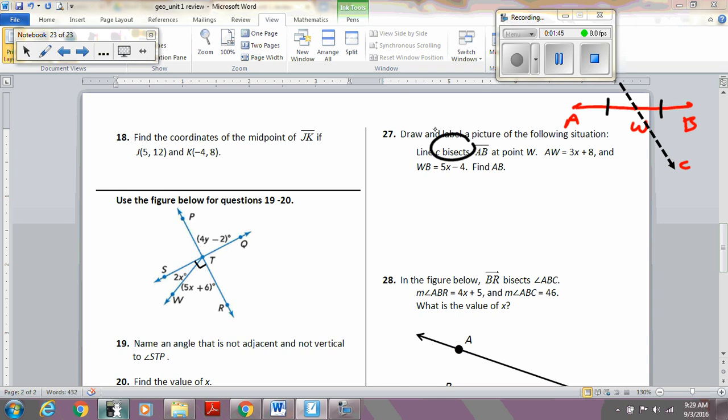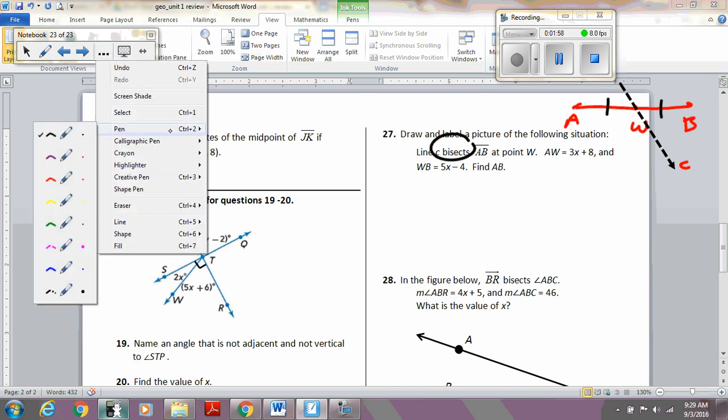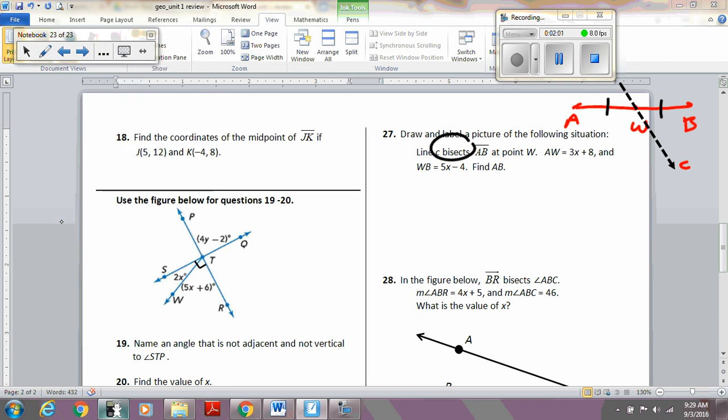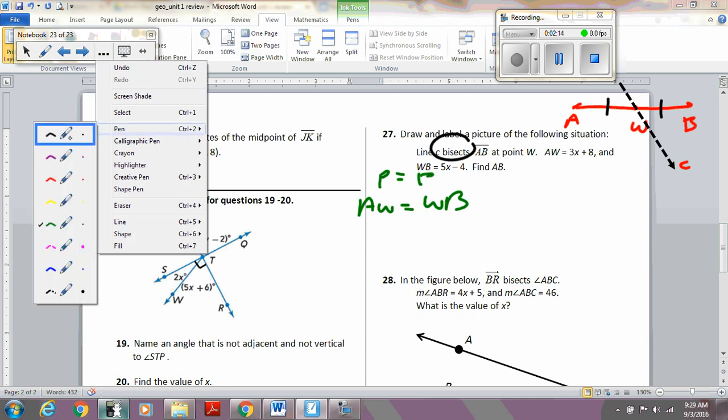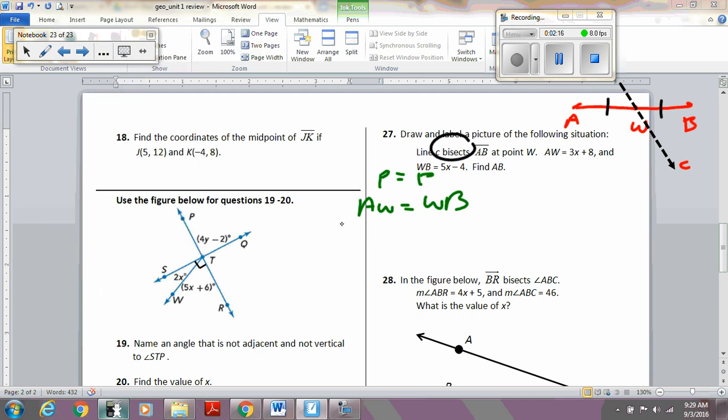So now using that information, we can set up an equation with what is given in this scenario. We now know that this is a part equals part scenario. So AW again is equal to WB. So now substitute the expressions. 3x plus 8 equal to 5x minus 4.